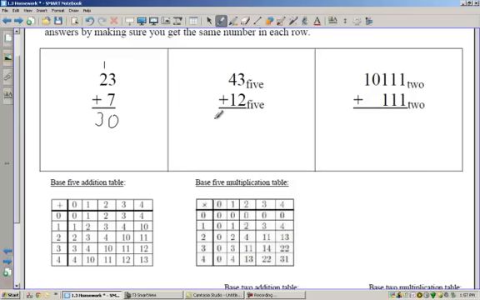Base 5, you do exactly the same thing, but you have to use the addition table to remind yourself how addition works in base 5. Because like 3 plus 2, yes, it's 5 things, but you can't use the numeral 5 in base 5 addition. You can only use 0, 1, 2, 3, and 4. That's the game.